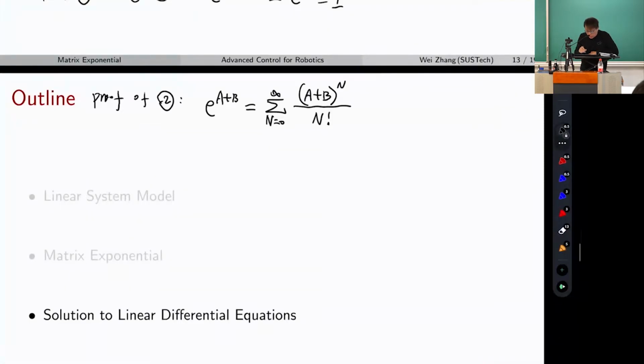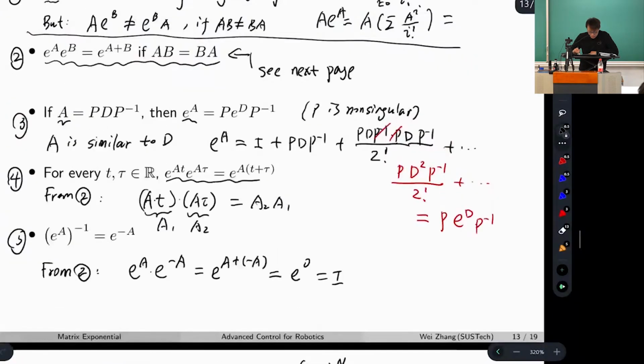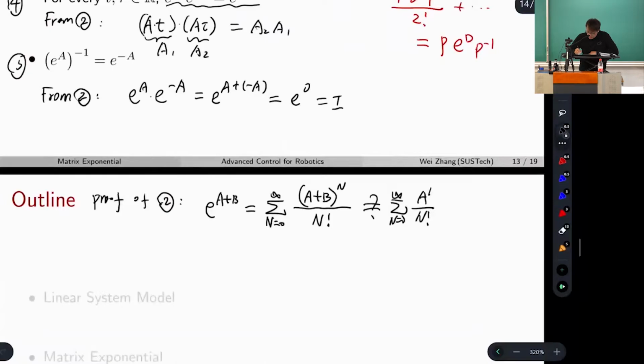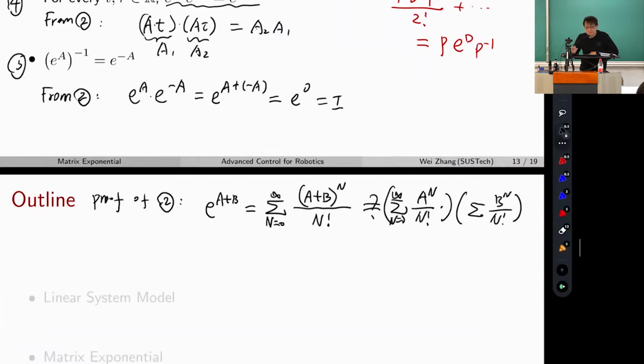So our goal is to show that this equals what? The product of the summation of A to the n over n factorial, and the summation of B to the n over n factorial, right? That's what we hope.